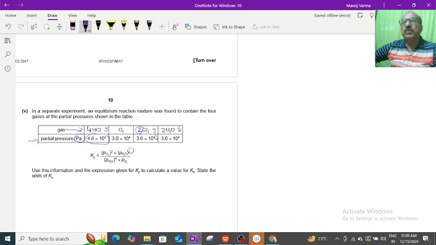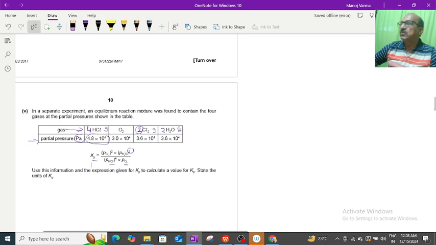So this will be squared, this will also be squared. Oxygen will be as it is, and the partial pressure of HCl will be raised to the power of 4. The values are given over here. You have to raise them to suitable powers and solve it to get the value of Kp.